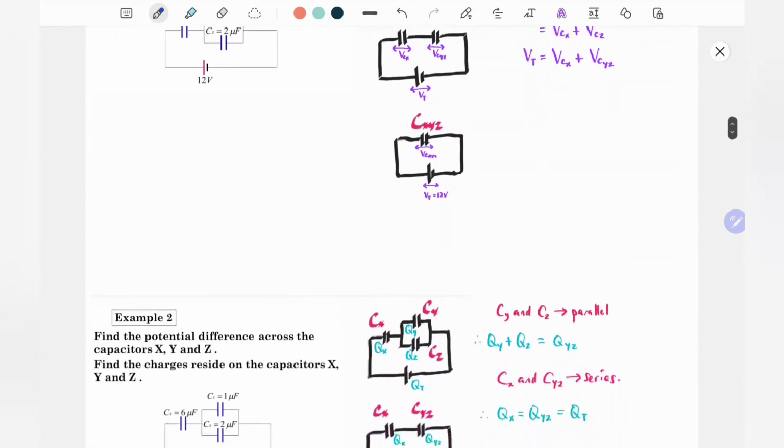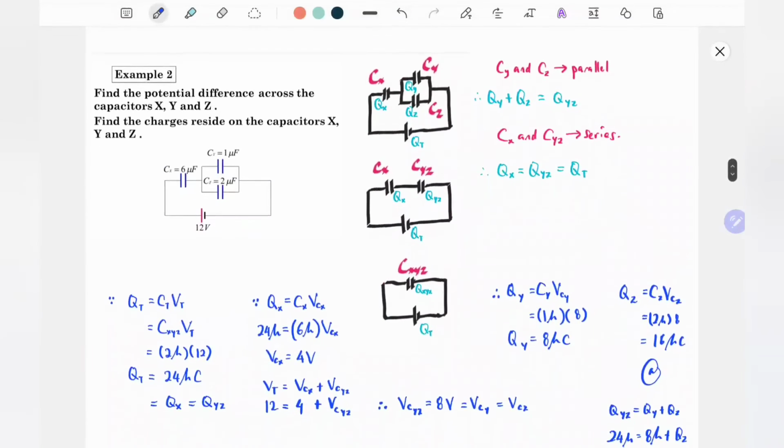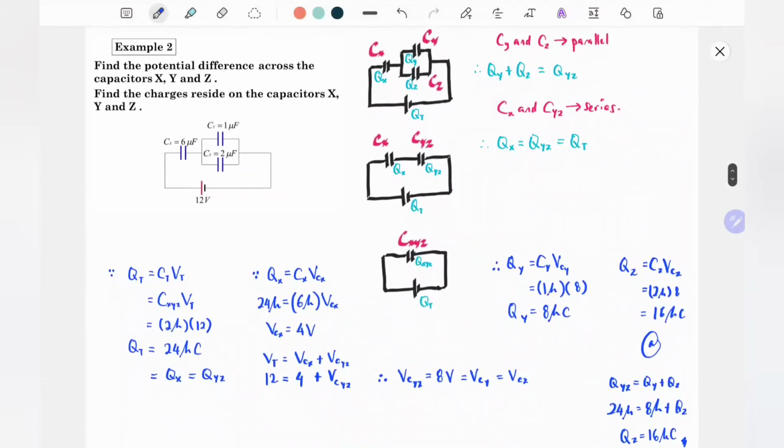What happens to Q? This is the situation now. Remember, by calculating C total, and with V total given already, we may calculate Q total, which is Q of X, Y, Z. CX and CYZ are arranged in series, so their Q should be the same.